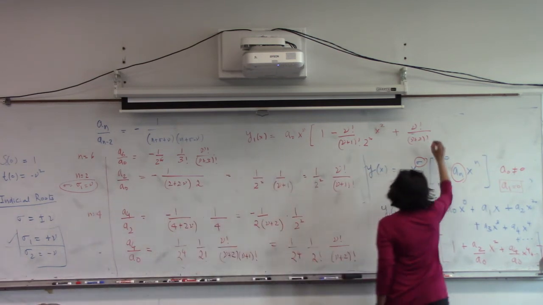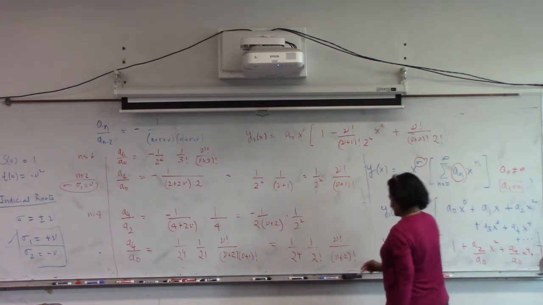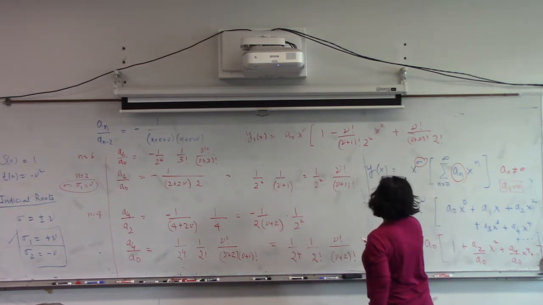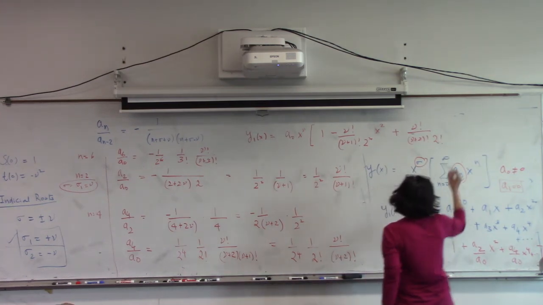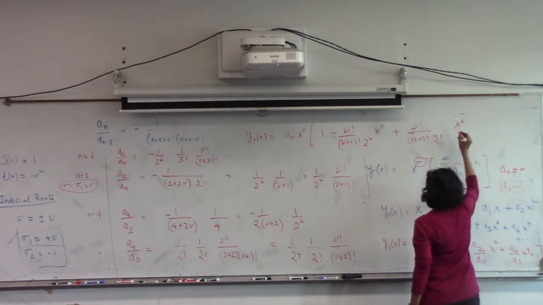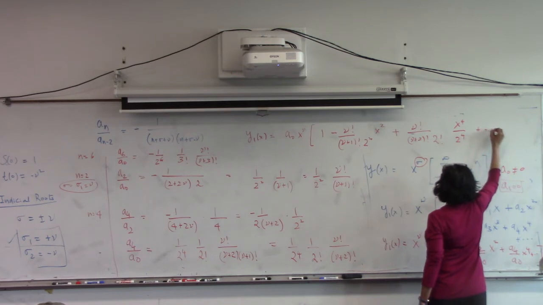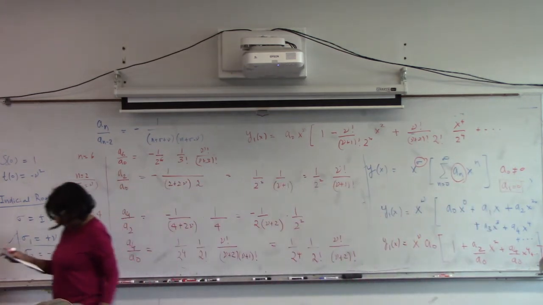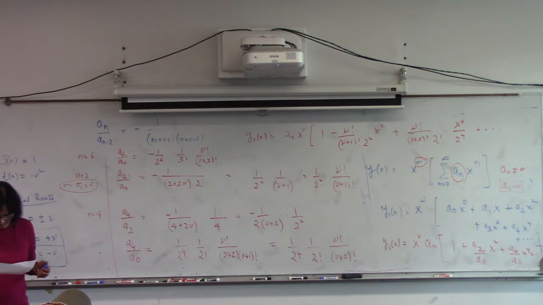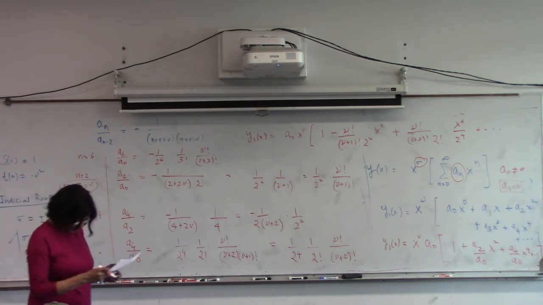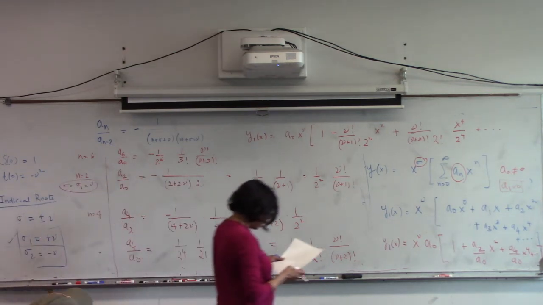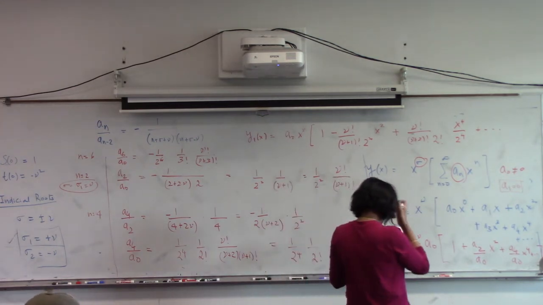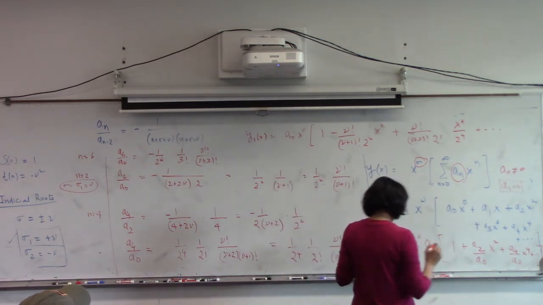I have 2 factorial here, right? And then x to the power 4 is there, and 2 to the power 4 is also there, I think.